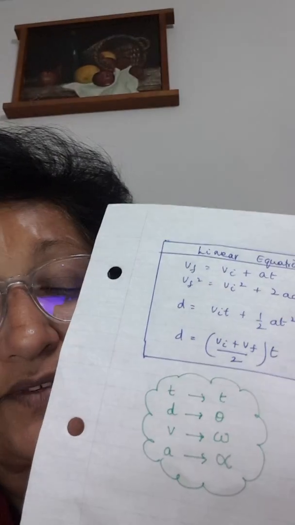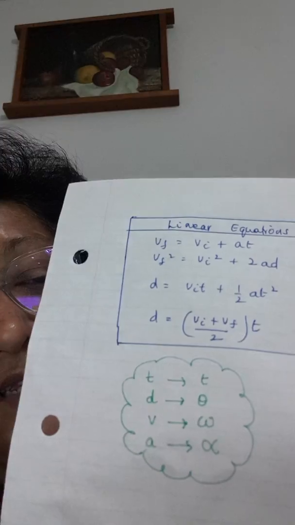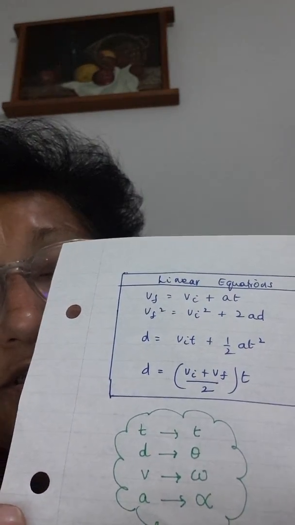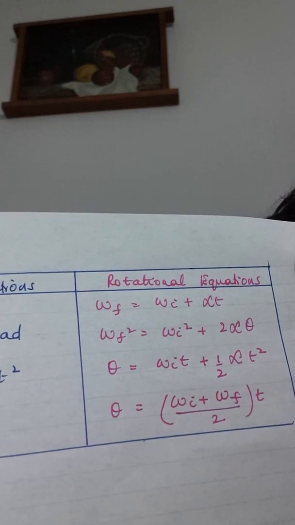Wherever you have v, velocity, we substitute angular velocity, and for a, you have angular acceleration. So the set of equations for constant angular acceleration looks like this, the ones in pink.